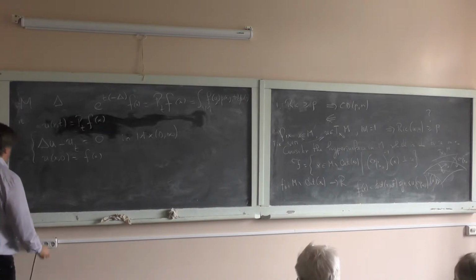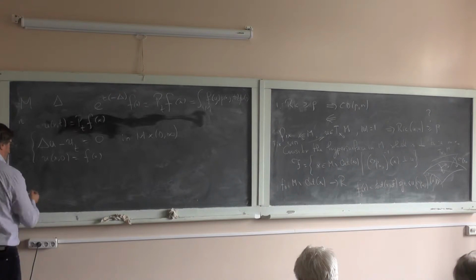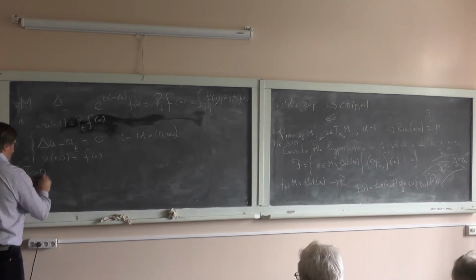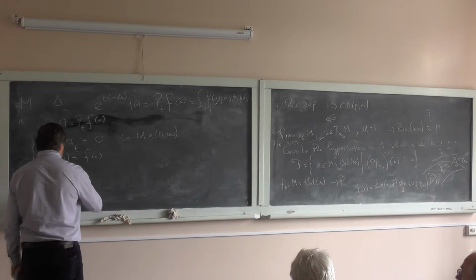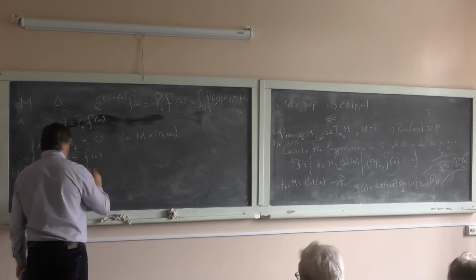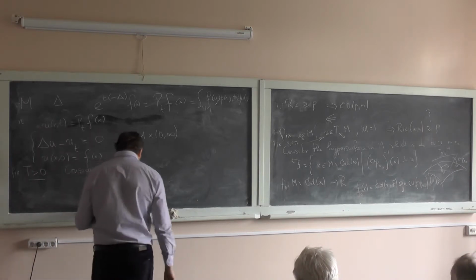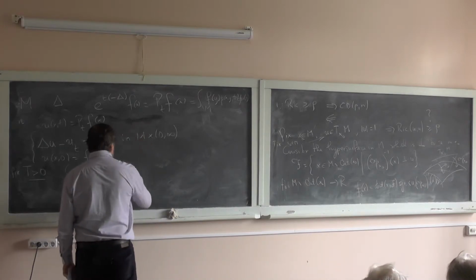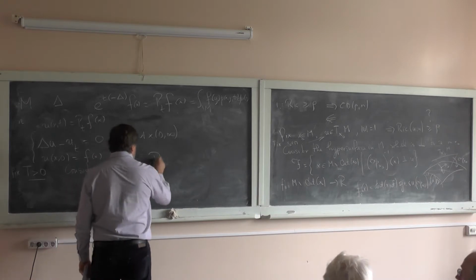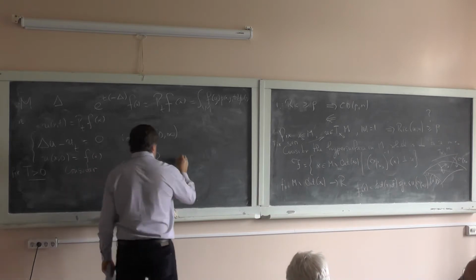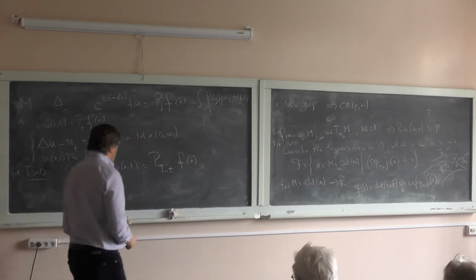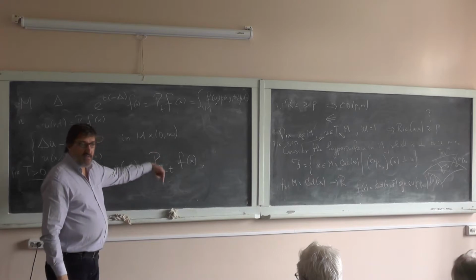All right. Now I will start introducing my main characters. I fix capital T bigger than 0 and consider v(x,t) to be P_(T minus t) f(x). Notice that now time is reversed.